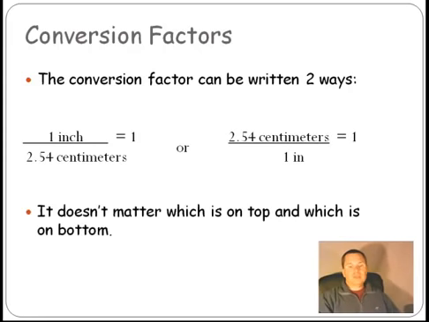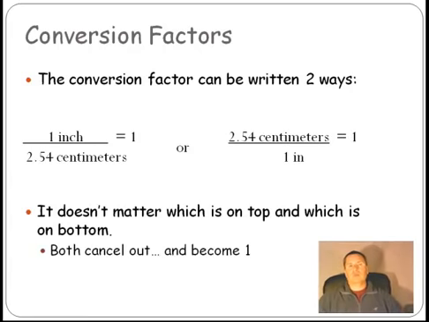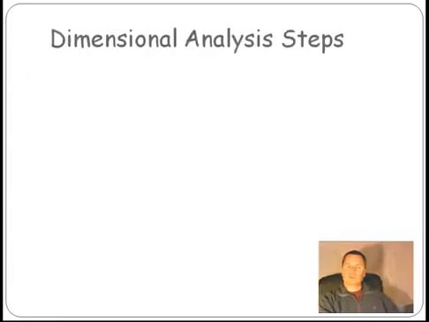It doesn't really matter which unit goes on top, because what's going to happen is they cancel out and become 1. 1 inch is equal to 2.54 centimeters, so it doesn't really matter what goes on top or bottom. How do we make that decision? Well, it's based on what answer we're looking for. We'll explain that in the next couple steps.